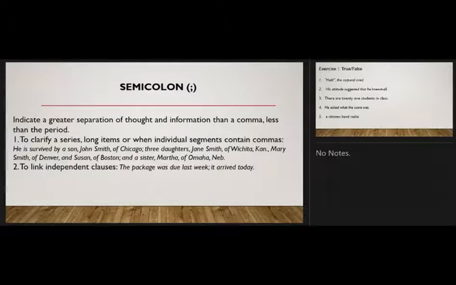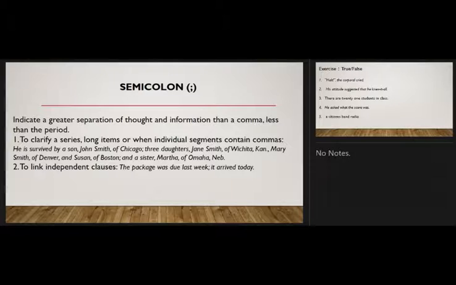The last one is the semicolon. The semicolon is used to indicate a greater separation of thought and information than a comma, less than a period. First, it's used to clarify a series, long items, or when individual segments contain commas.